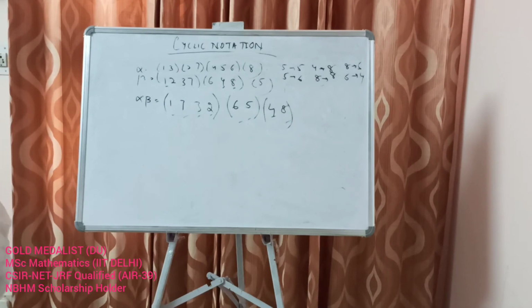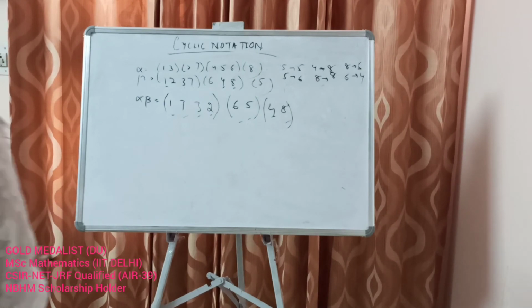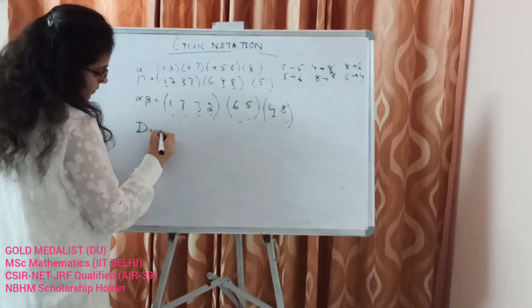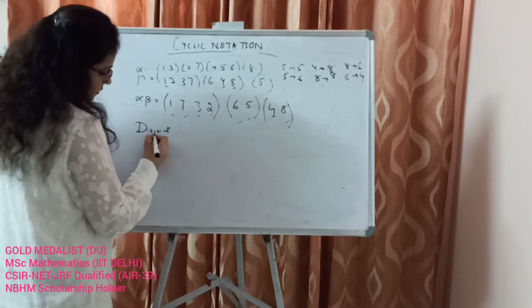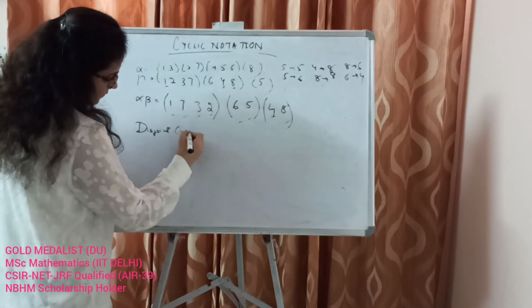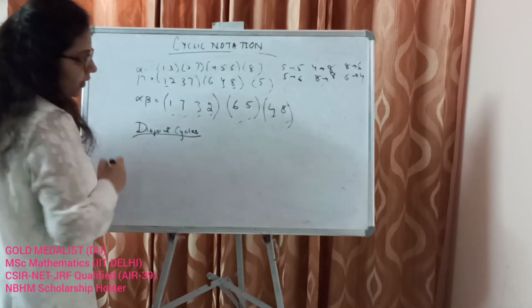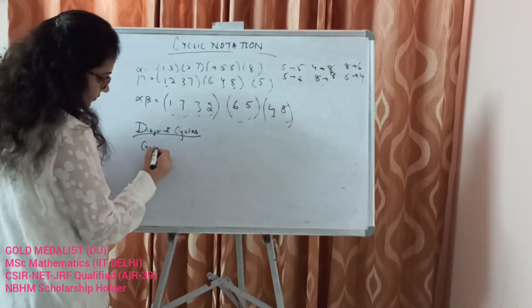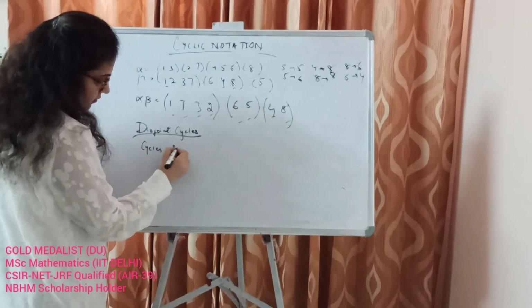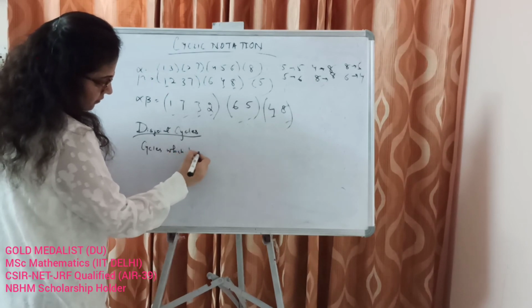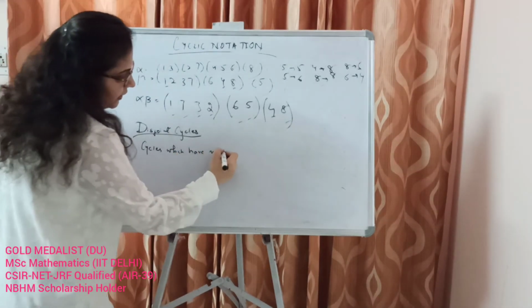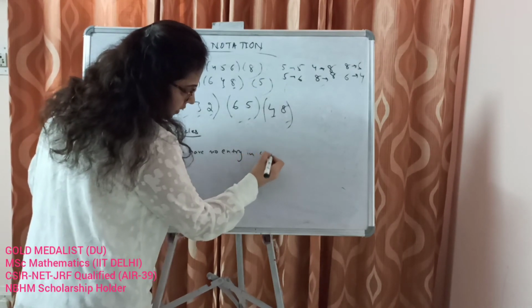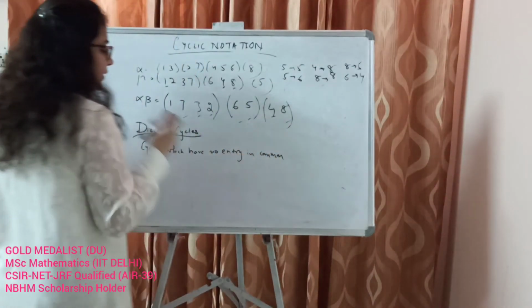Okay. So here we define disjoint cycles. What are disjoint cycles? Cycles which have no entry in common are disjoint cycles.